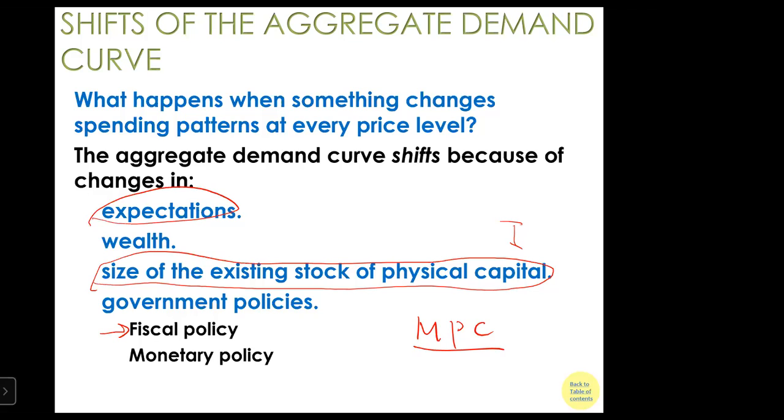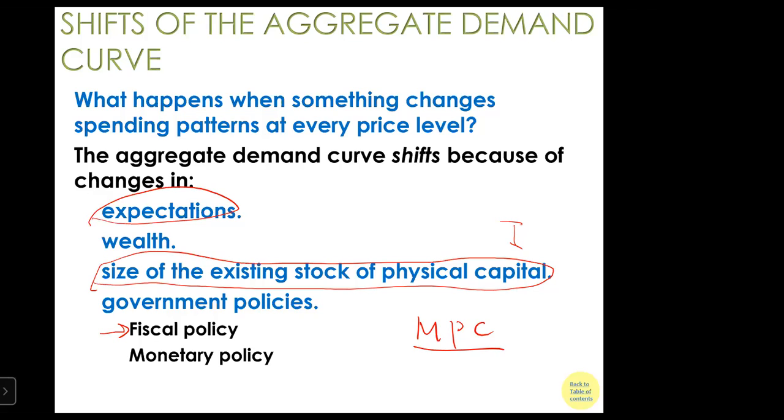And if that's your expectation, that's going to have a negative impact on spending. Why? Because you worry that the high tax or tax spike in the future will reduce your disposable income.